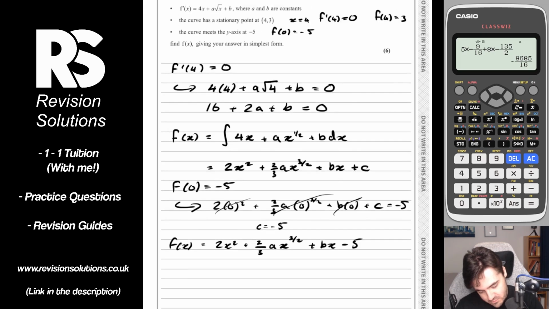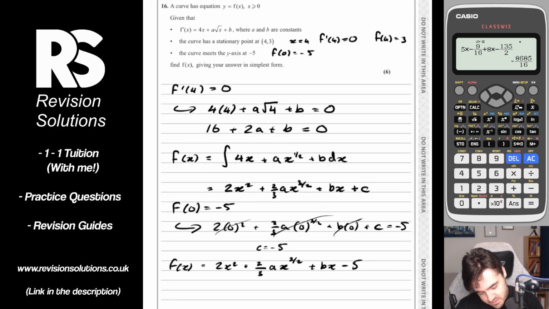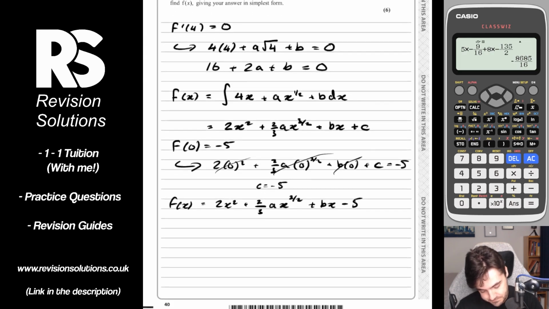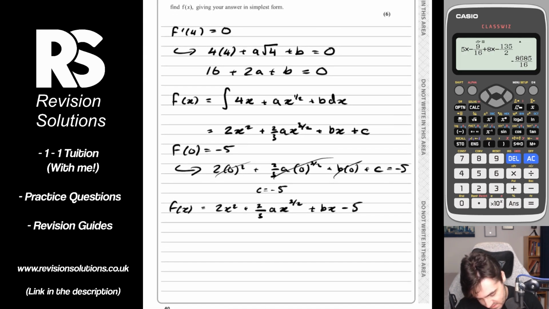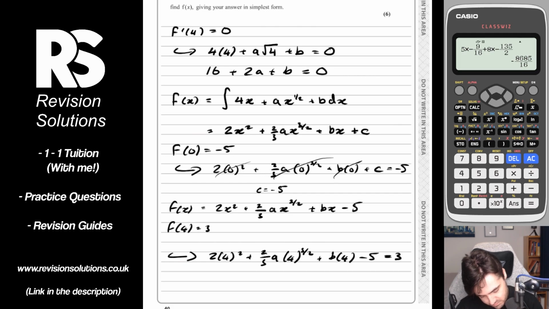Now we can use our final piece of information, which was that when x is 4, y, or f of 4, is 3. So plugging that in now, if f of 4 equals 3, that's going to return 2 lots of 4 squared plus 2/3 a times 4 to the 3 over 2 plus b times 4 minus 5, and that needs to equal 3.